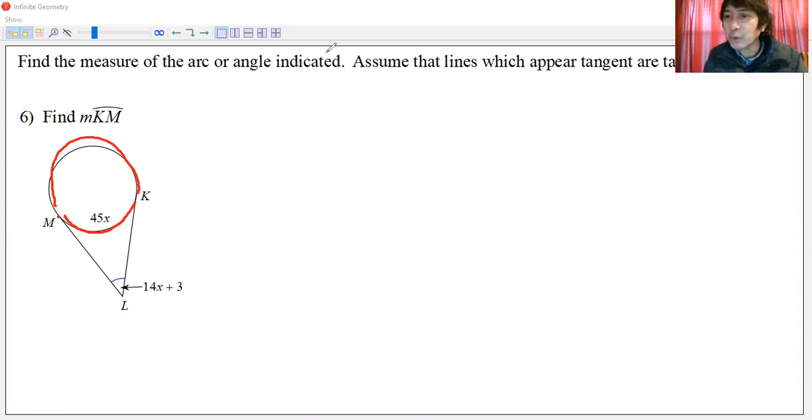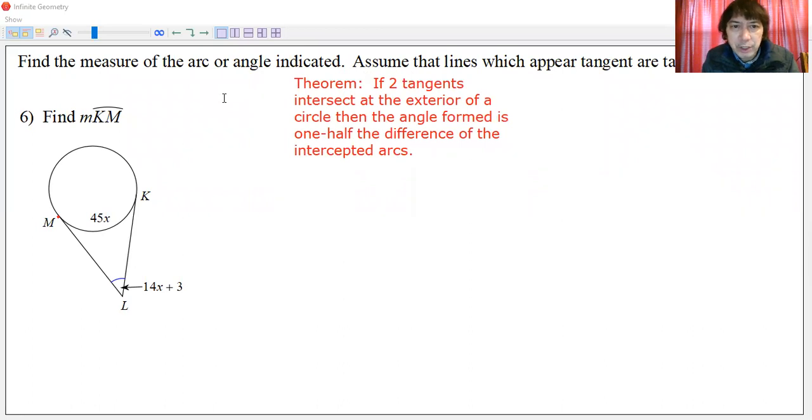Because there are only 2 letters in the circle, it's either the bigger or the smaller. Let's go for the smaller, because it's got the expression 45x. We will still apply this theorem: if 2 tangents intersect at the exterior of a circle, then the angle formed is 1/2 the difference of the intercepted arcs.